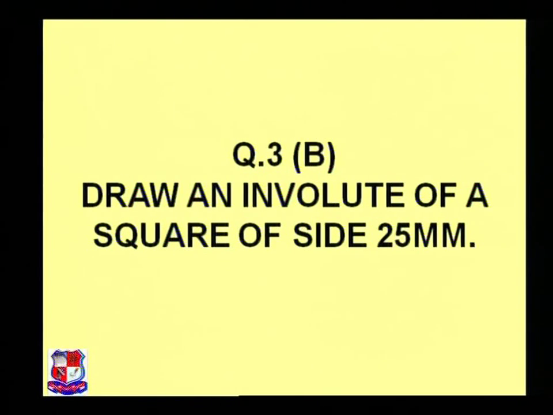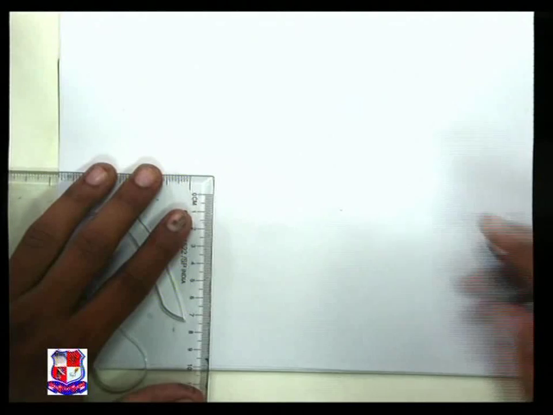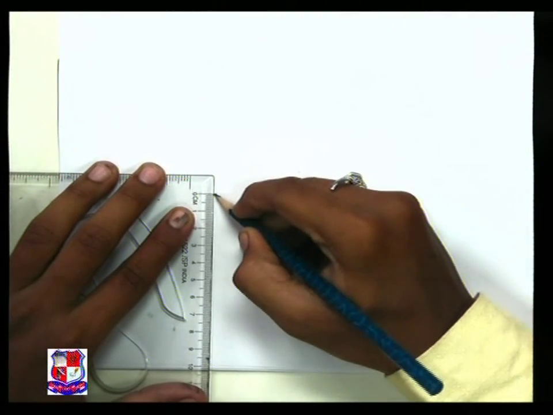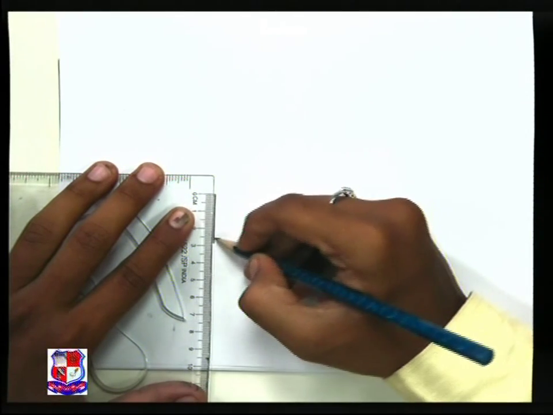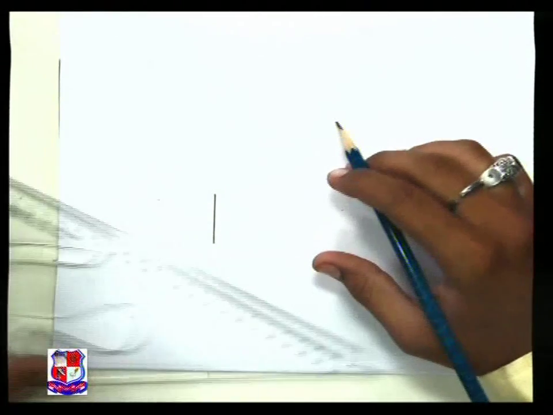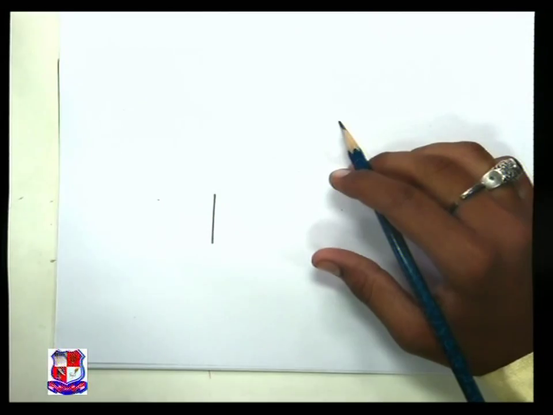What I am going to do, first of all, I need to draw the square of 25 mm side. In the middle portion I am drawing the 25 mm side square.